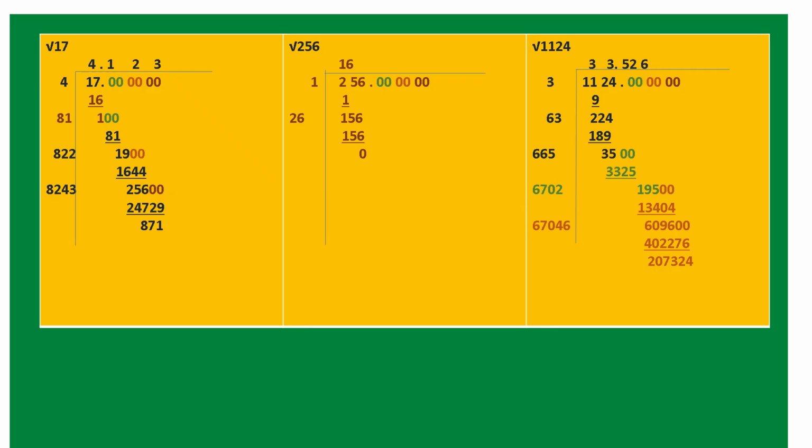I choose 6, so that 67046 multiplied by 6 gives 402276, and then I get a remainder. Now the answer to this question is 33.526, which is the square root of 1124 rounded to 3 decimal places.